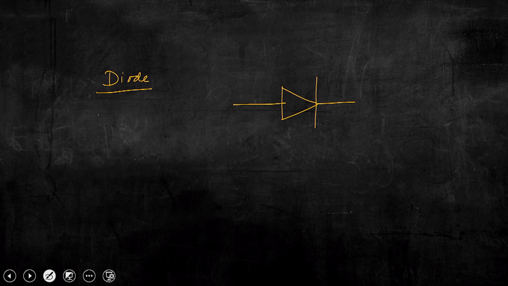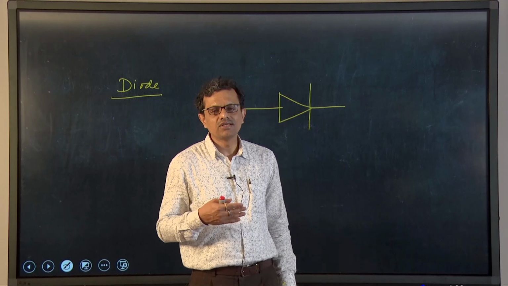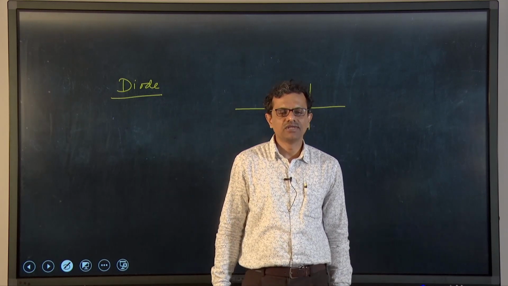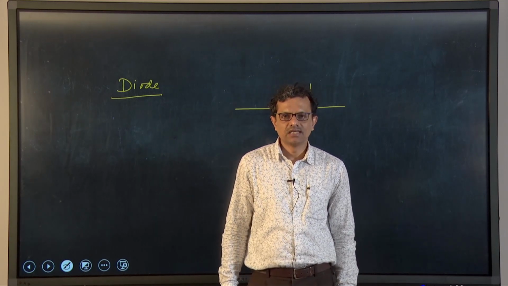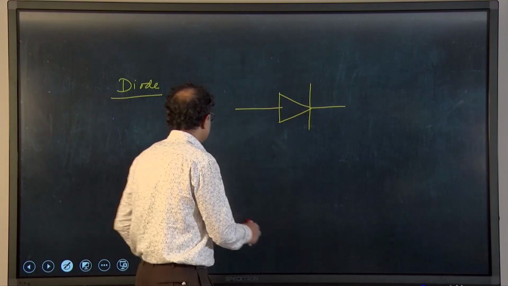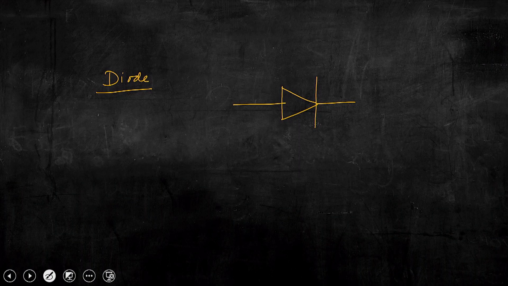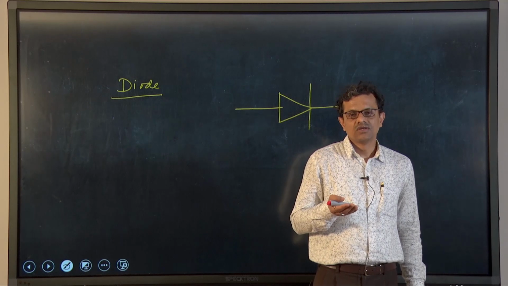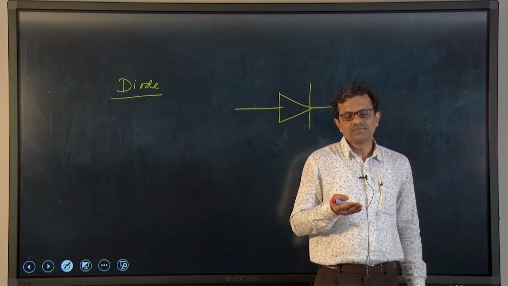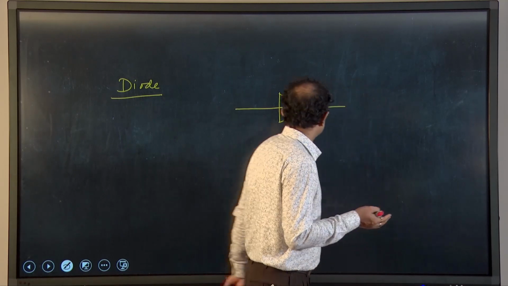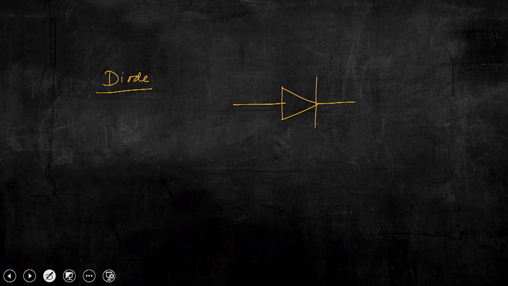So, we all know from our basic understanding of the basic electronics subject that a diode essentially acts, all diodes act like a one way valve. So, it allows current to flow in one direction. So, this is basically a diode.